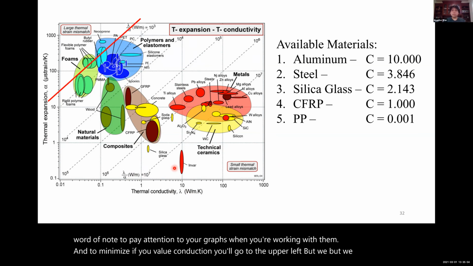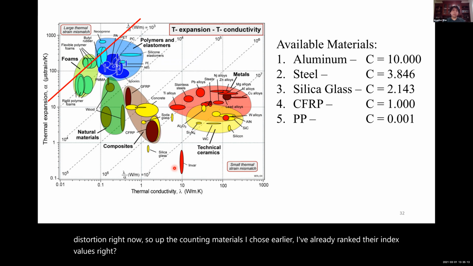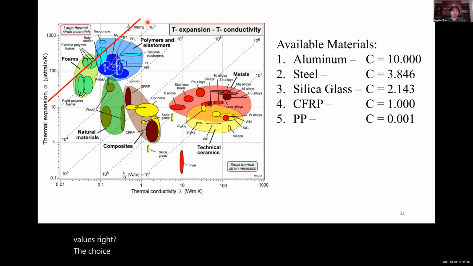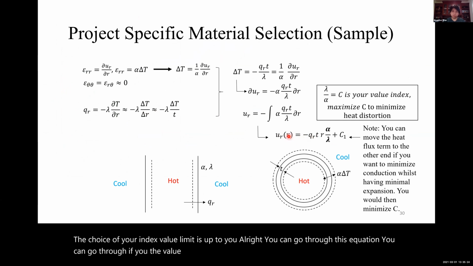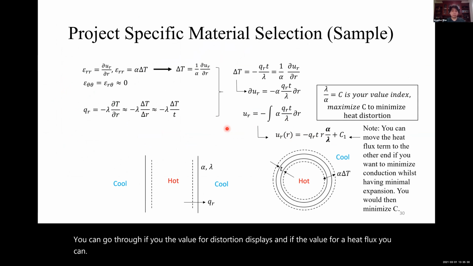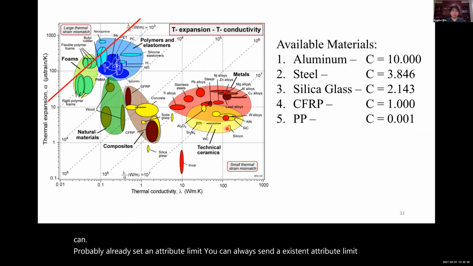So of the candidate materials I chose earlier, I've already ranked their index values, right? The choice of your index value limit is up to you, all right? You can go through this equation. If you know the value for distortion displacement and the value for heat flux, you can probably already set an attribute limit for your value index.